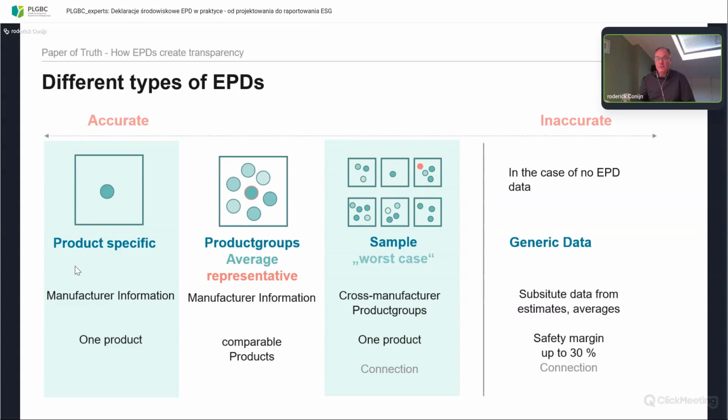And what we see is that those data are often quite high compared to product average EPDs or product-specific EPDs. If you come across a generic data EPD, I wouldn't use that because it's too inaccurate. It has too many variables in the data. So if you want to work with an EPD, ask your supplier for a product-specific or a product group average EPD.